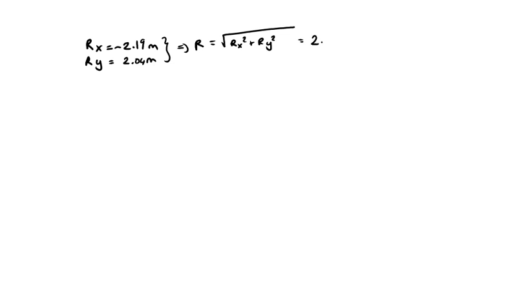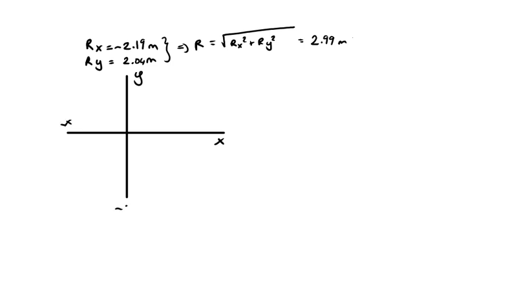I can find its magnitude because I know it will be from Pythagorean when I draw them and complete the angle: Rx squared plus Ry squared. I can find the magnitude from here, but that would be quite blindly, 2.99 meters per, not meters per second, meters. I won't know the direction this way though.